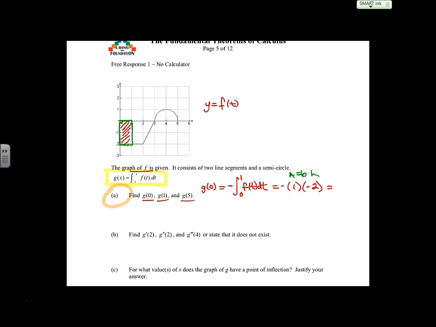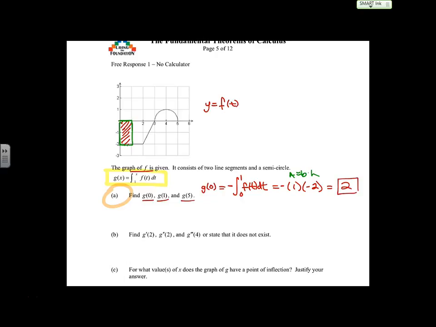So I needed a negative all along. Even though the area is below, the bounds 1 to 0 are backwards. So I have to flip it to 0 to 1, but I need to put in a negative in the process. So then my answer would be a positive 2.